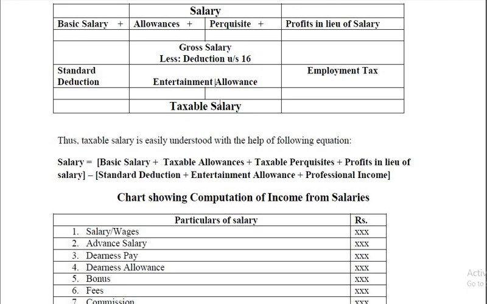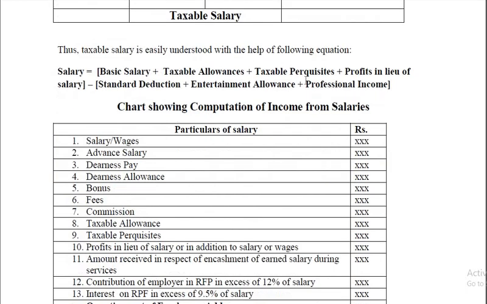Thereafter, deduction under section 80, then you will get taxable income or total income. On that, taxes are calculated, and if there is TDS, then that will be deducted and the remaining amount will be payable as tax.